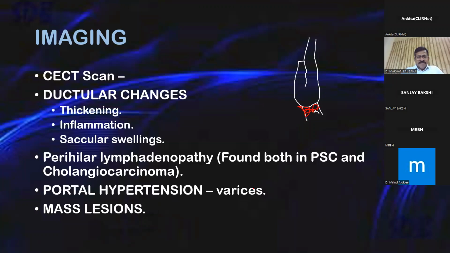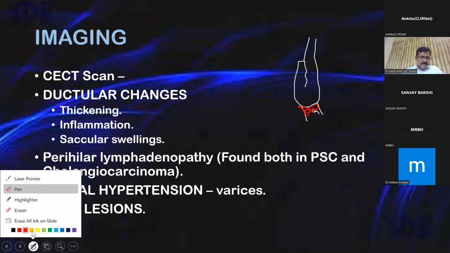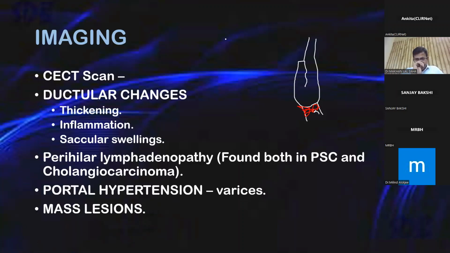What other operation can I have done if the patient didn't have primary sclerosing cholangitis? Can I do a complete proctocolectomy and bring it out as a Brooke ileostomy? No, you can't.